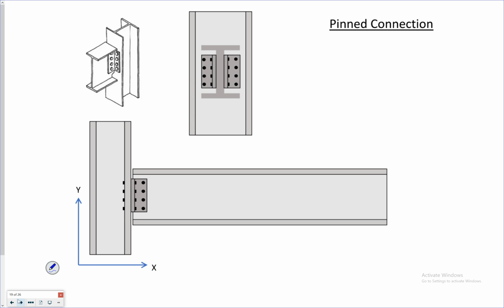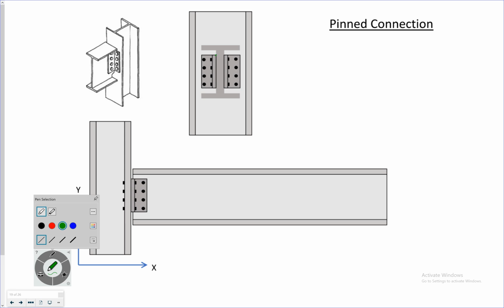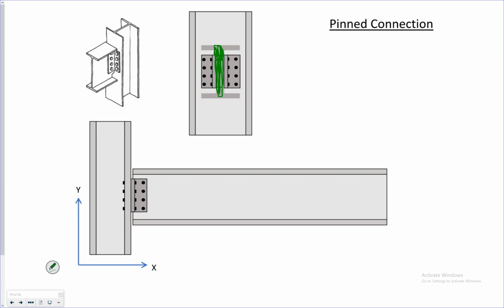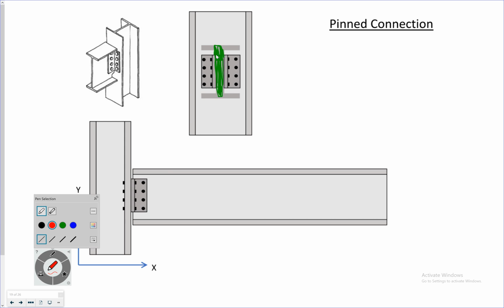Now let's look at a pinned connection. Here I have a beam connected to a column, but the only part of the beam that's connected is the web of the I-beam. So again, let's say I apply a horizontal load.